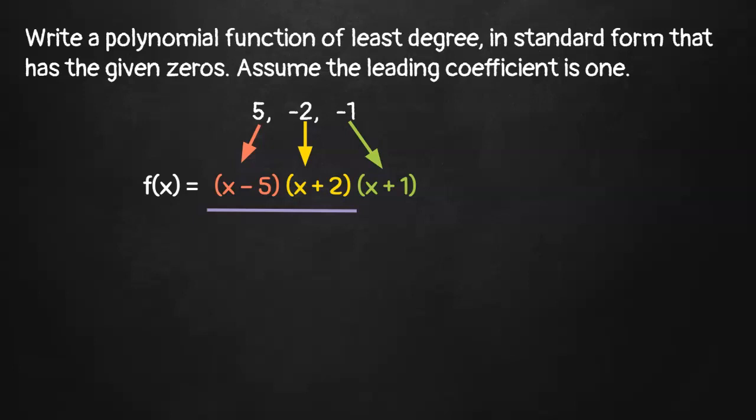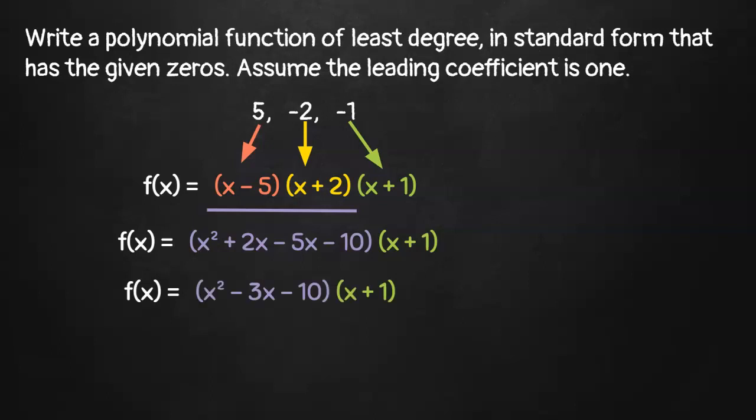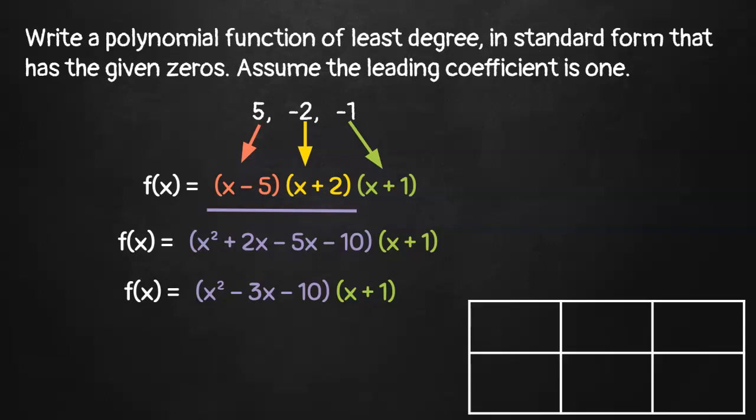We're going to take our first two factors and multiply them together. So you're going to FOIL or use double distribute and use your box. Then we're going to combine our like terms. So that gets us that negative 3x in the middle. Then we're going to take those two parentheses and multiply.